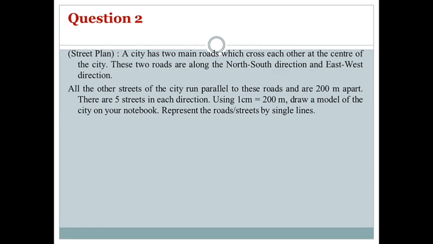So next it is given all the other streets of the city run parallel to these roads. So the two roads are given which are in the center of the city, and their directions are given: north, south and east, west. Then whatever remaining streets are there in the city, those streets are parallel to these two roads and are 200 meter apart.